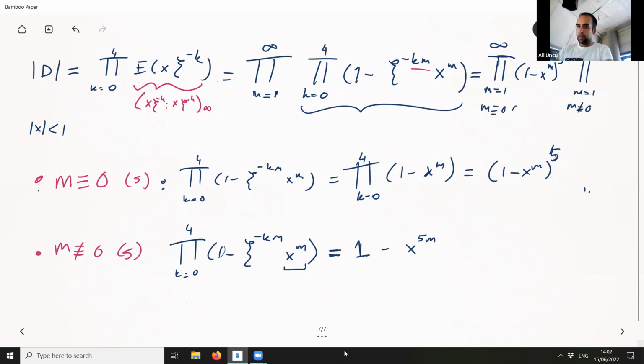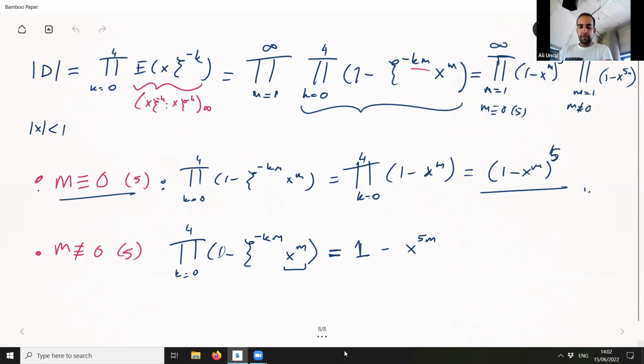If m goes from 1 to infinity and m is congruent to 0, then I have (1 minus x^m) to the 5. That is what we said here. And if I have the product from 1 to infinity and m is not congruent to 0, then I have this 1 minus x^(5m). Technical, but we have it.